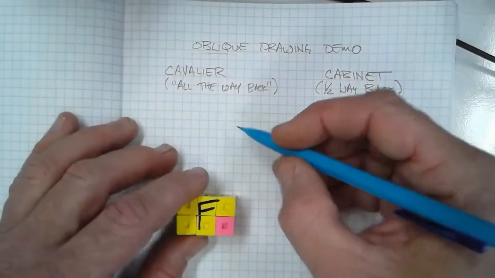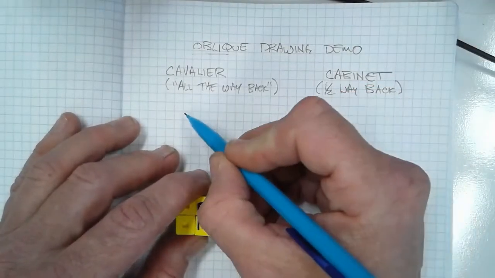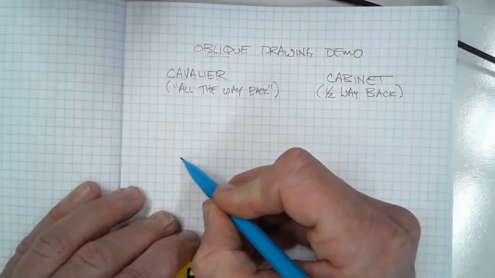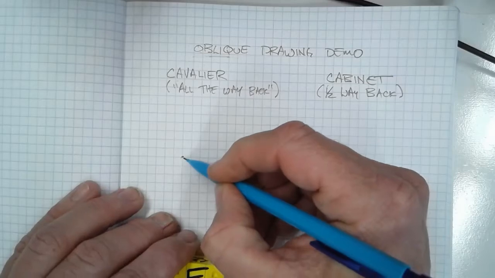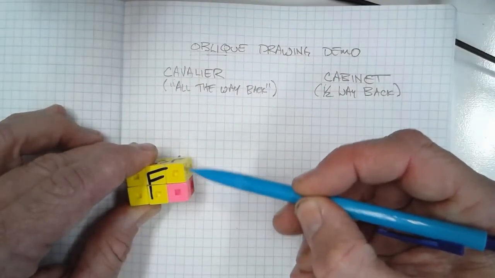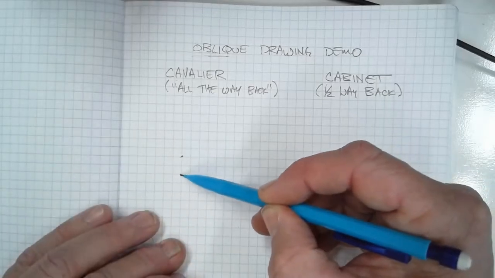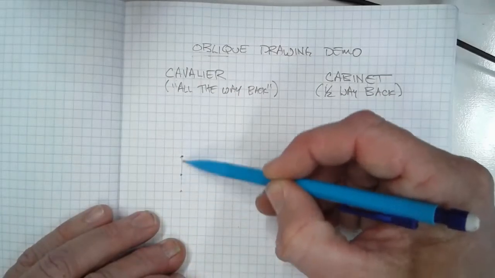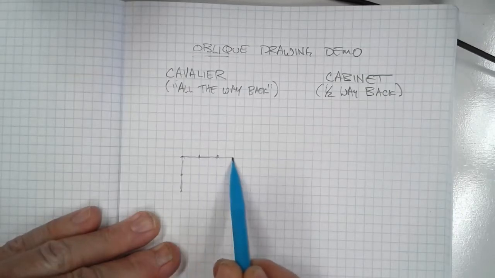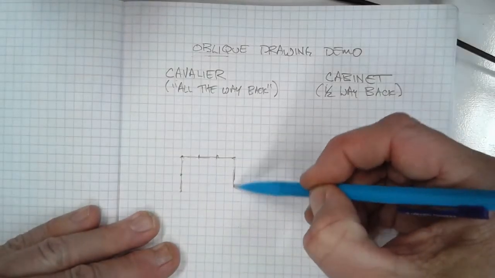Now, on your paper, leave some space here, but sketch the front of the object. Let's make each of these sides 2 squares on our paper big. So for example, the front of this, 1, 2, 3, is going to look like this.